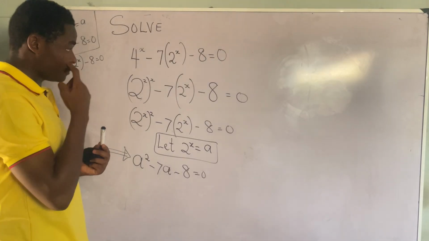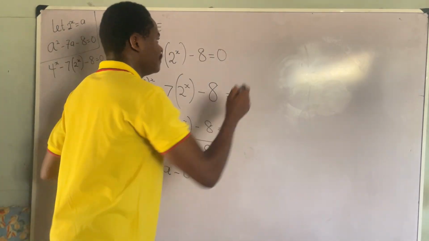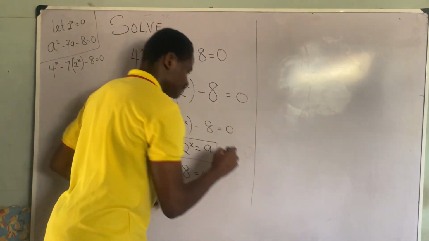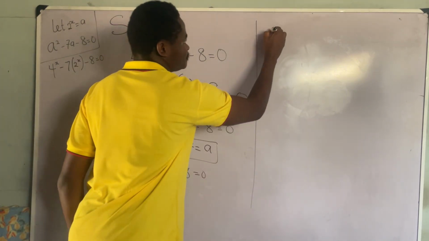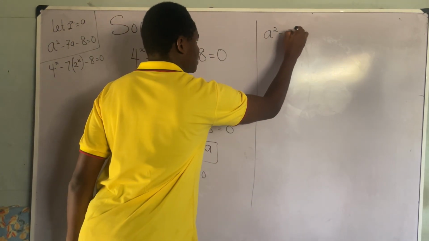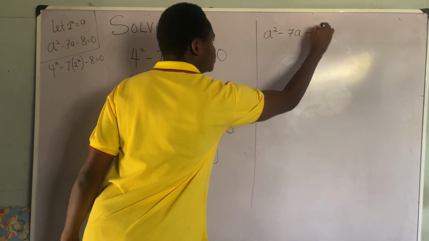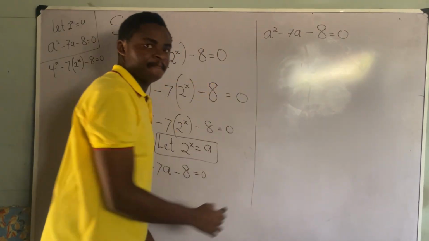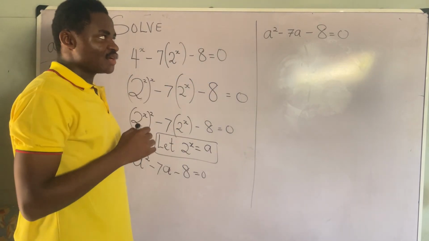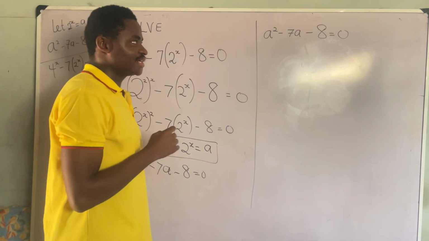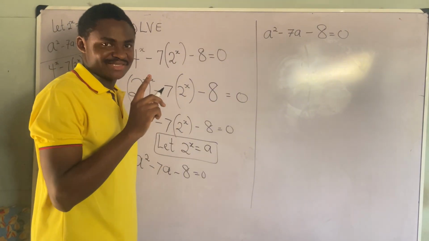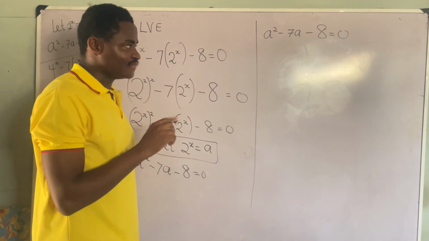Now, let me solve it here. I'm going to have a squared minus 7a minus 8 is equal to 0. This is a quadratic equation. In a quadratic equation, we are going to be looking for two numbers. I will dedicate a video to quadratics.